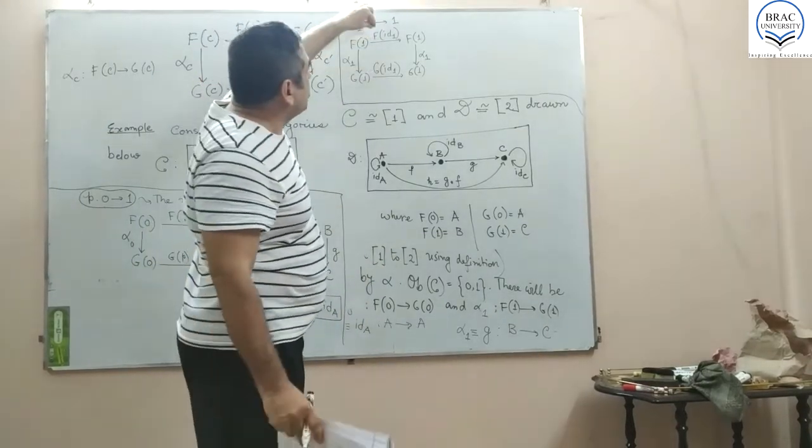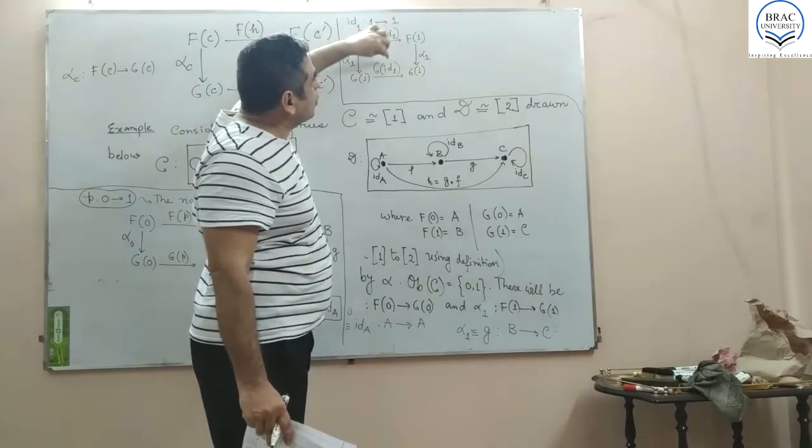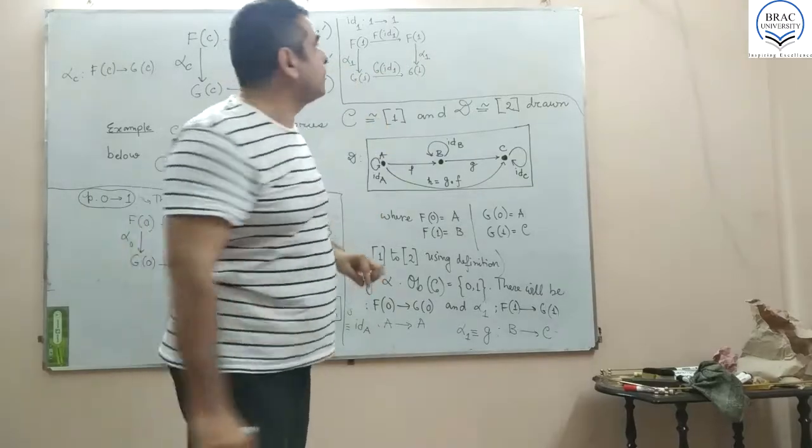So they should preserve the underlying identity morphisms according to the definition of functors.